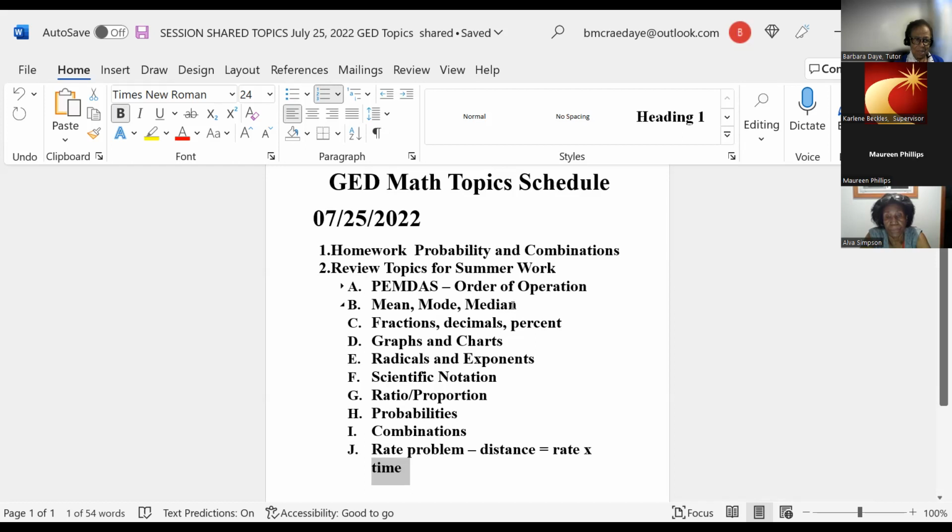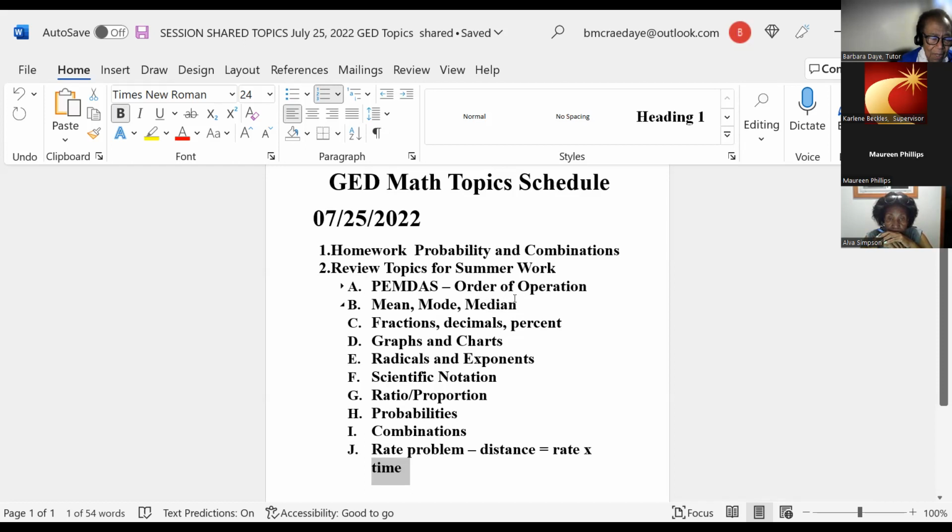No, you're getting median and mode mixed up. How do you find median? Alva, what is median? It's the midpoint. How do you find the midpoint?